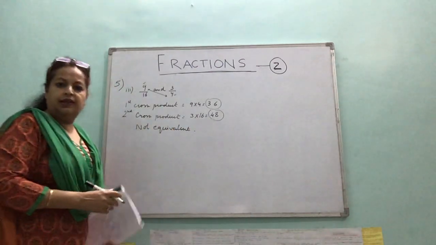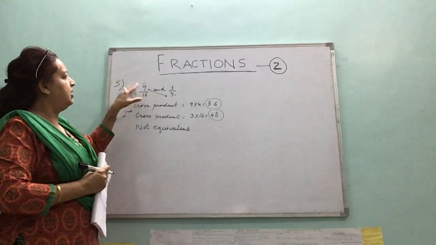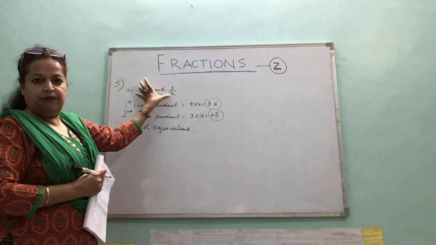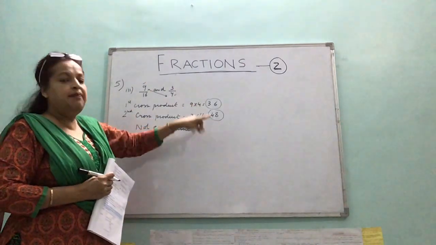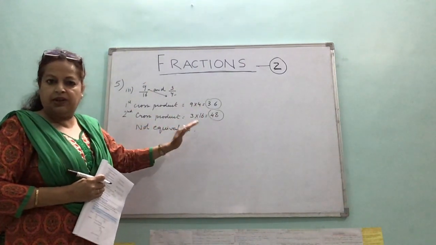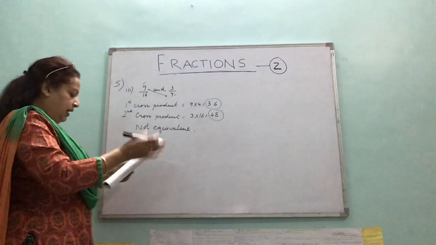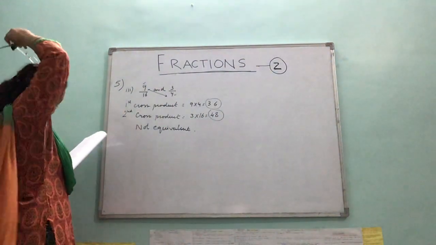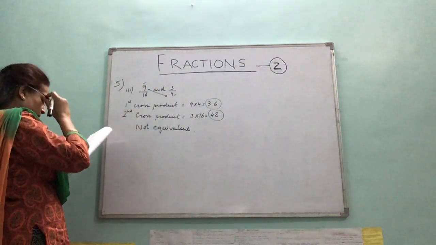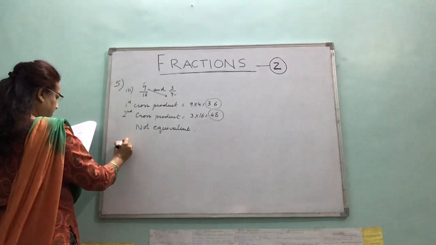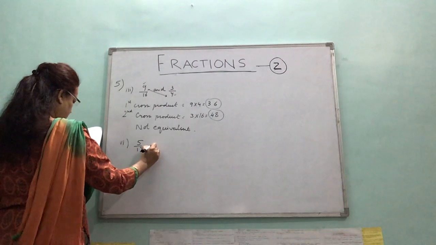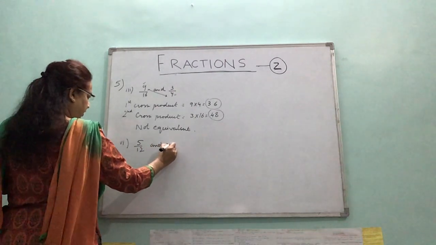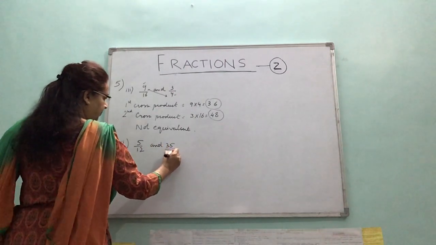Very easy, right? So we'll just take the cross products. First cross product, numerator of first multiplied by denominator of second, and then the second cross product. If they are same, they are equivalent. If the product is not same, they are not equivalent. I'll take one more question. That is the sixth subpart. 5 by 12 and 35 by 84.